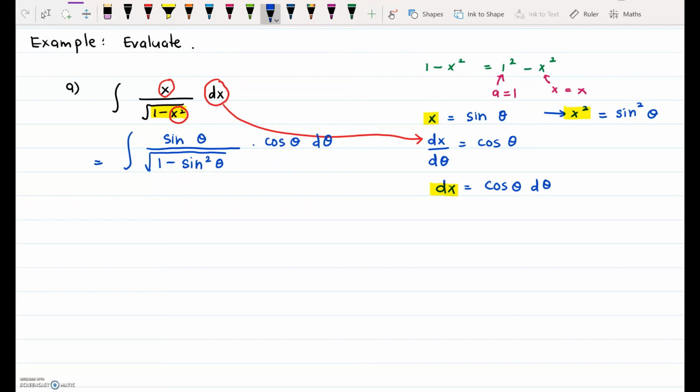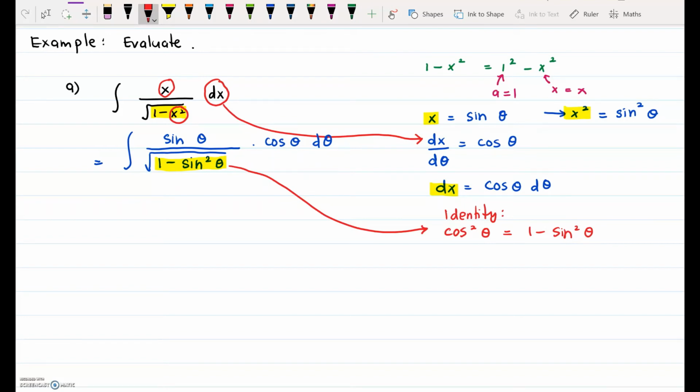Okay class, the next step is we will modify the function in your radical. Look here, this is your function in the radical. To modify it, we will use the identity formula: cos squared theta equals 1 minus sine squared theta.